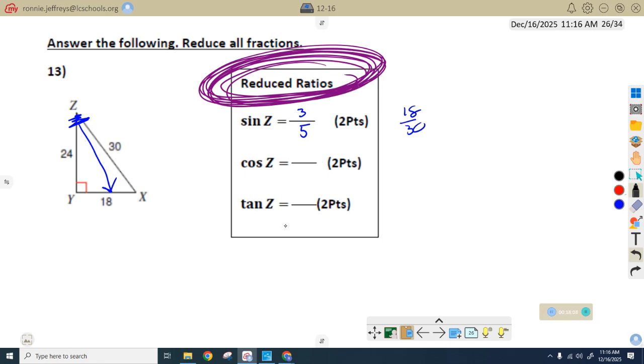How people are still messing up how to reduce fractions with a calculator. Cosine. This is 24 over 30, which is 4 over 5. Tangent is 18 over 24, which is 3 over 4. So, if you don't reduce the ratios on the exam, all points off.